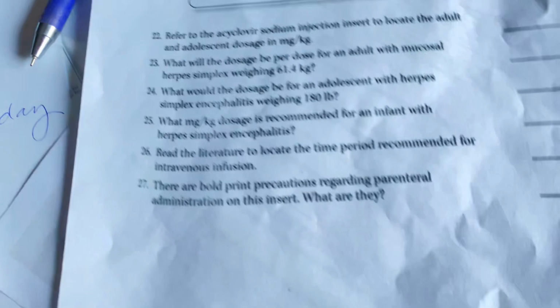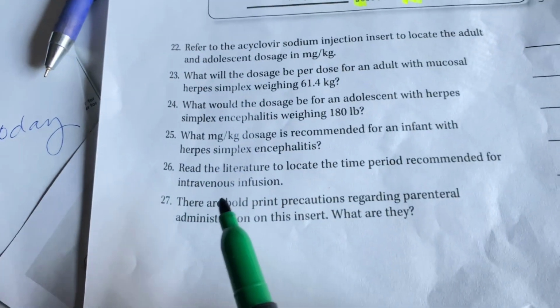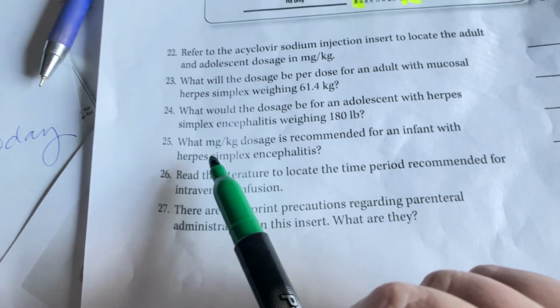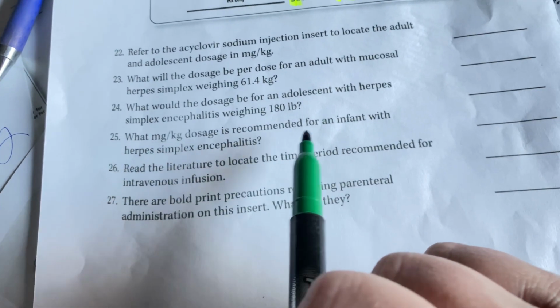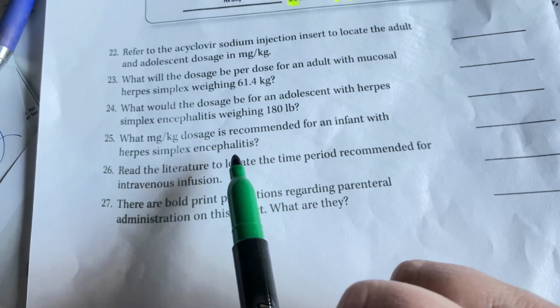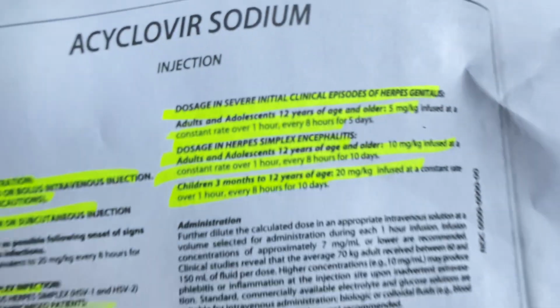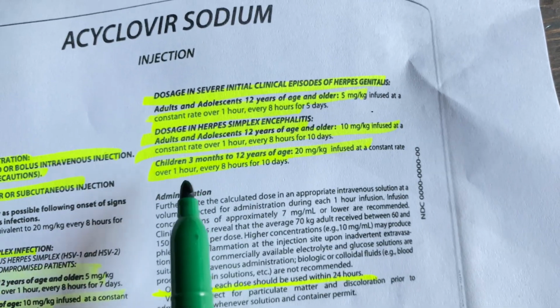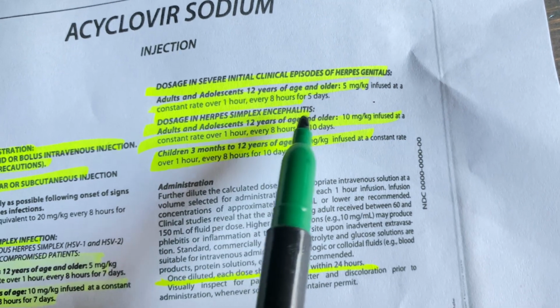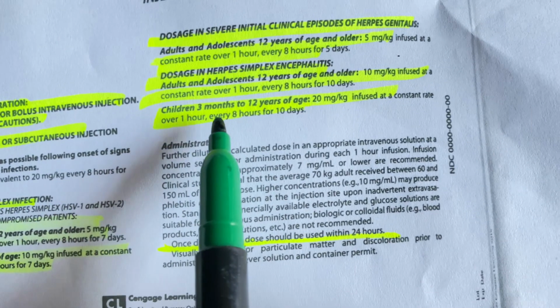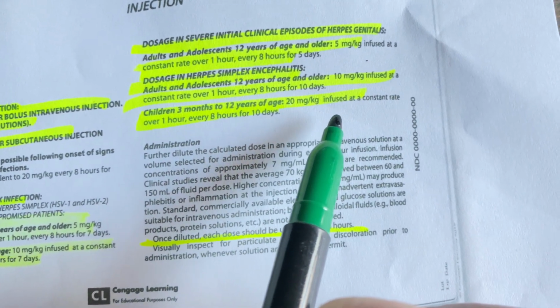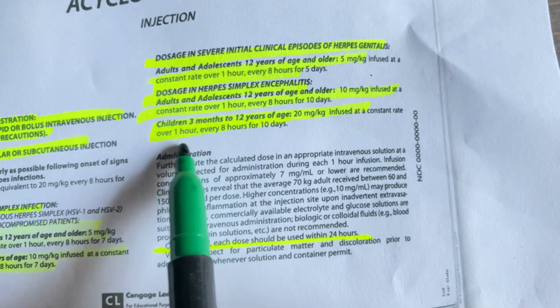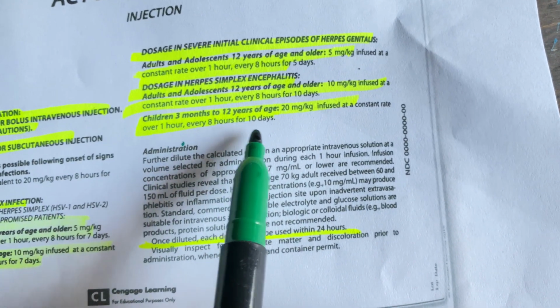And then it says, this is what's odd to me, what milligram per kilogram dosage is recommended for infants with herpes simplex encephalitis? And when you come over here to herpes simplex encephalitis, children 3 months to 12 years, 20 milligrams per kilogram over 1 hour every 8 hours for 10 days.